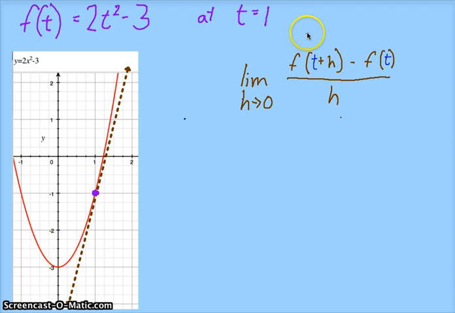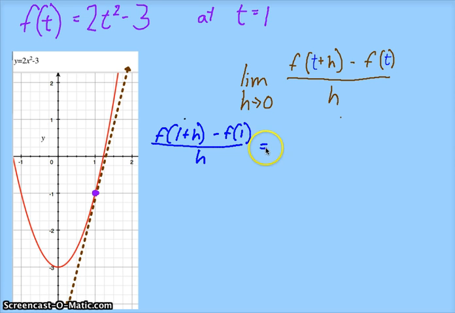So when t equals 1, I'm just going to focus on this piece right now. I'm trying to find f of 1 plus h minus f of 1. And where am I getting the 1? I want to find the instantaneous velocity at t equals 1. If I wanted to find it at t equals 4, then I would put 4 here.